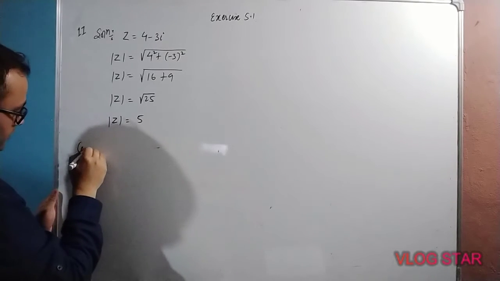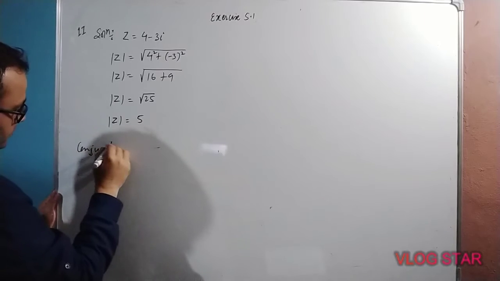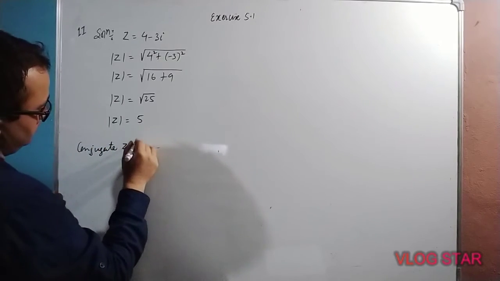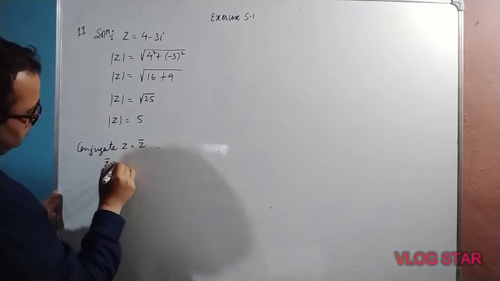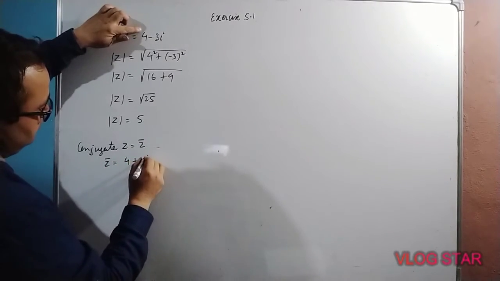Then the conjugate. z bar equals 4 plus 3i.